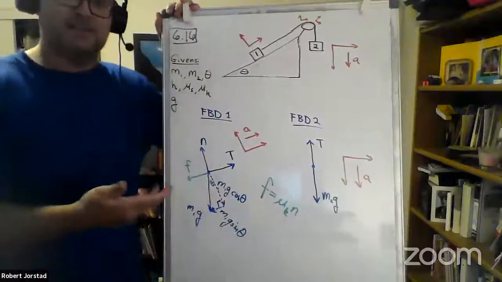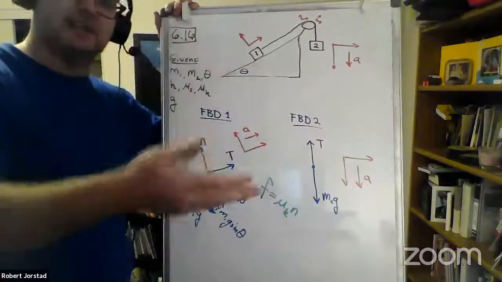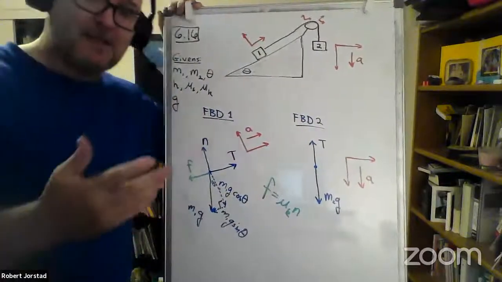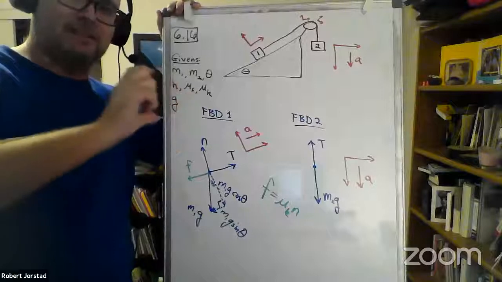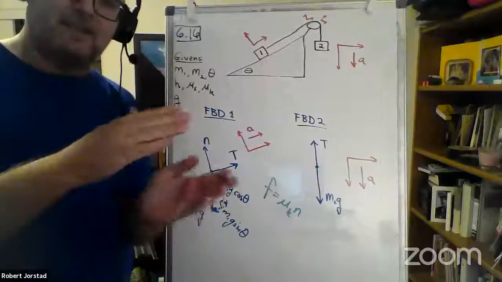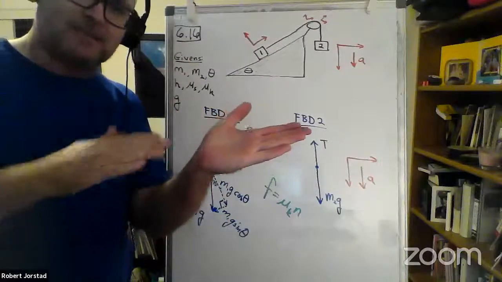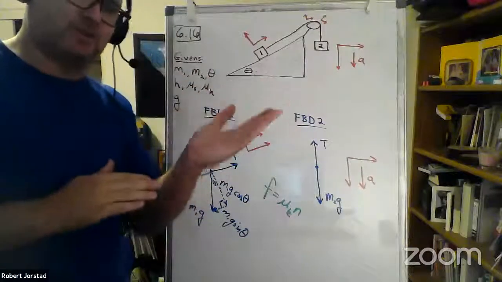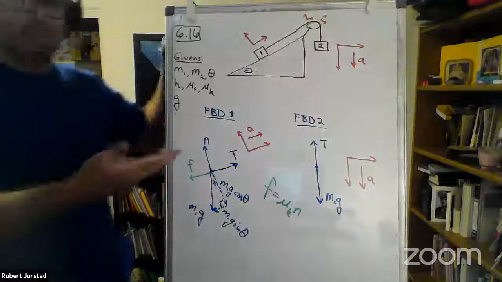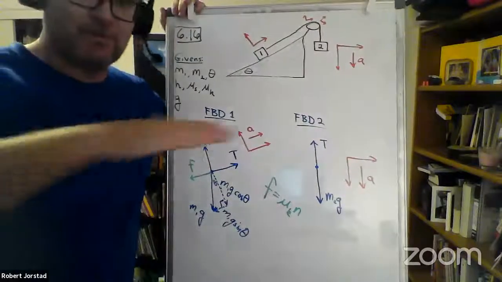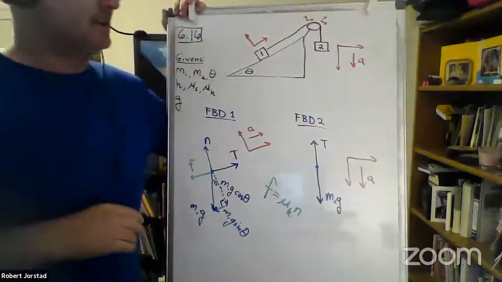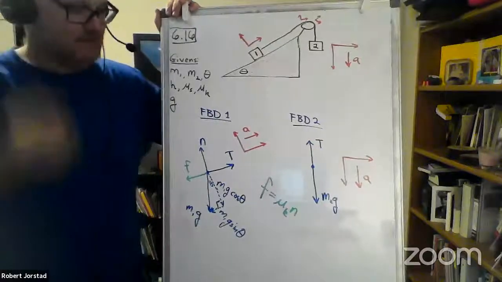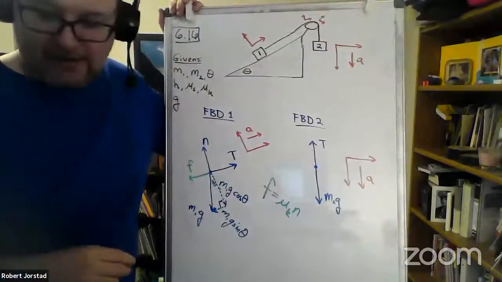People also have a tendency to associate motion with acceleration, which is wrong. Accelerated motion is one subset of motion. Motion could also be moving with constant speed, constant velocity.